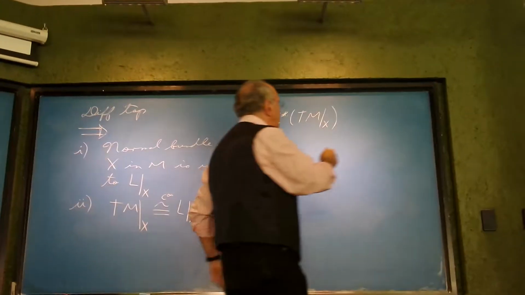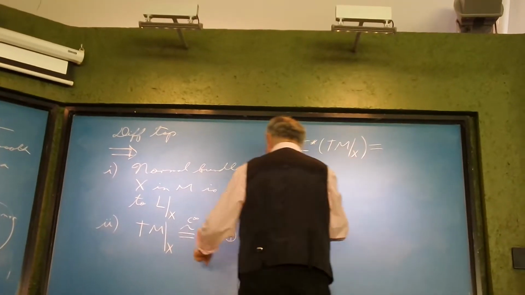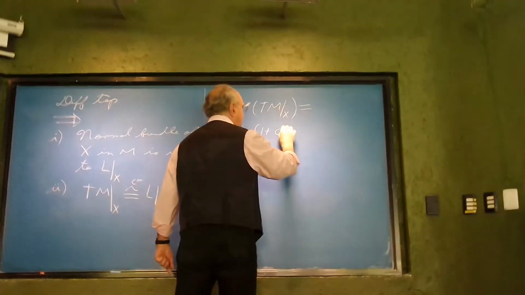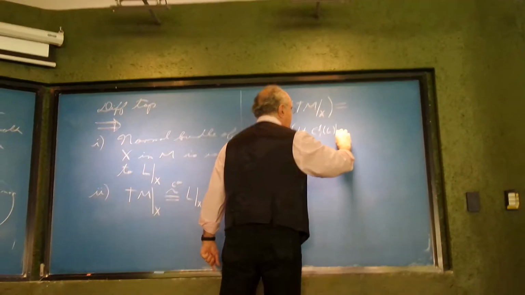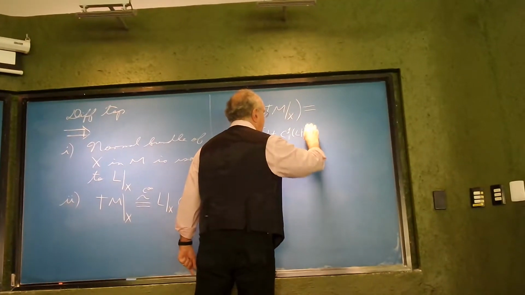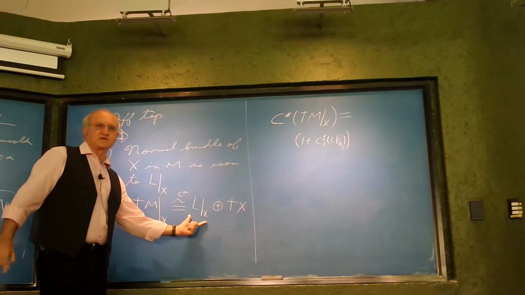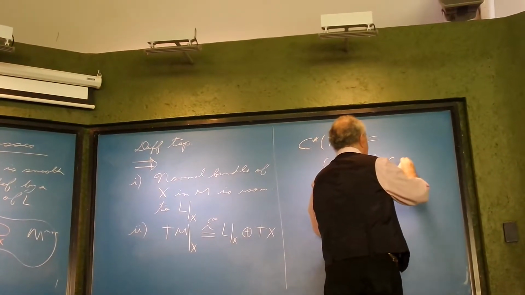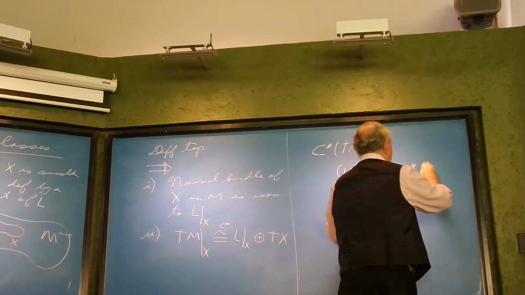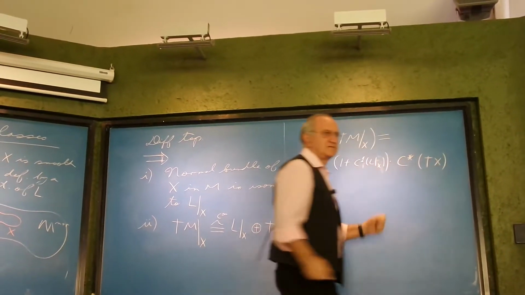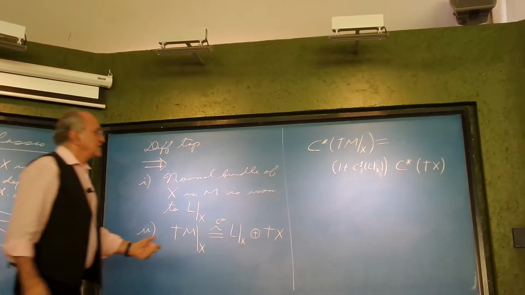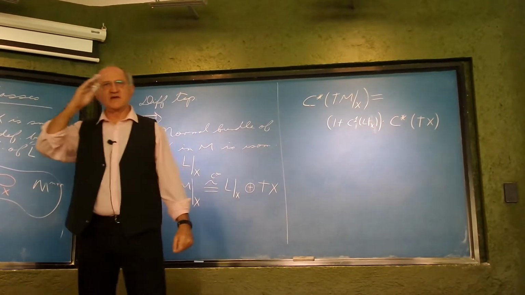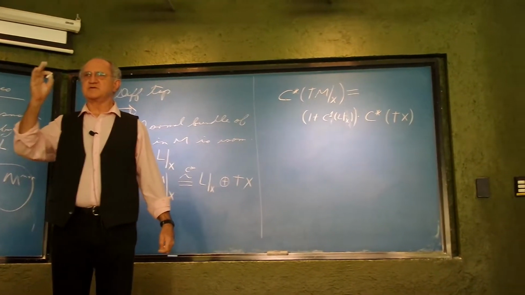Then the Whitney formula says that the total Chern class of this bundle is 1 plus C1 of L restricted to X. This is the total Chern class of this bundle because this has dimension 1, so it only has one Chern class, times the total Chern class of the tangent bundle of X. Now, Chern classes, remember, there's one class in each dimension, and they are elements in the homology.